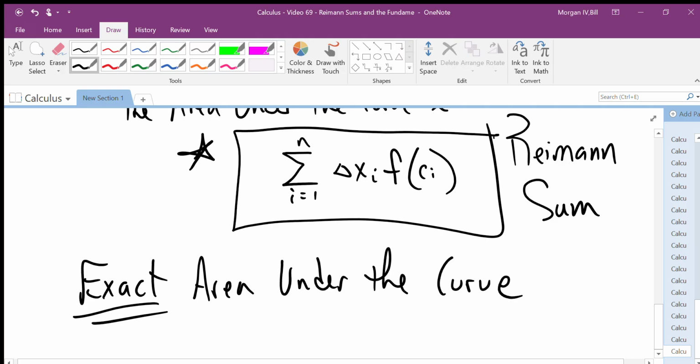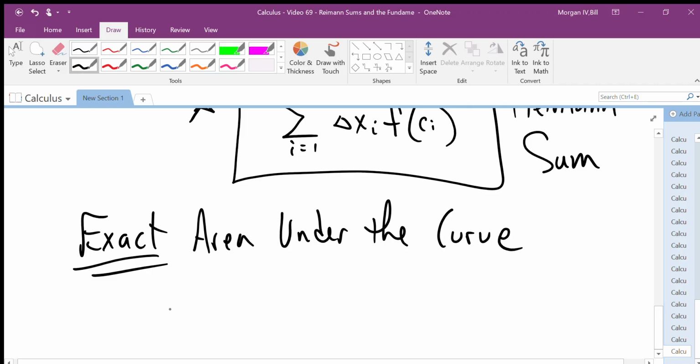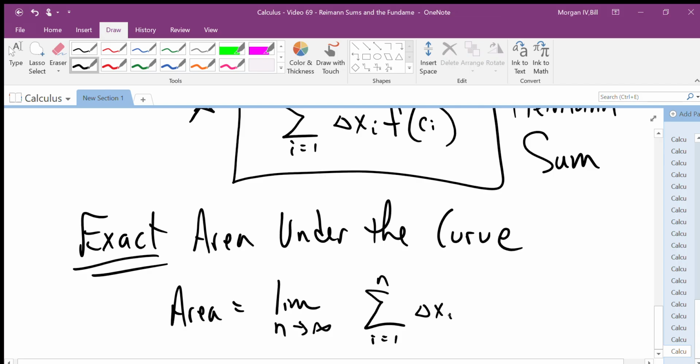And we're going to make an adjustment to this in just a minute, but let's first think about it from this form. The exact area under the curve is equal to the limit as n, the number of rectangles, goes to infinity, of the sum i equals 1 to n, of delta x_i times f of c_i.